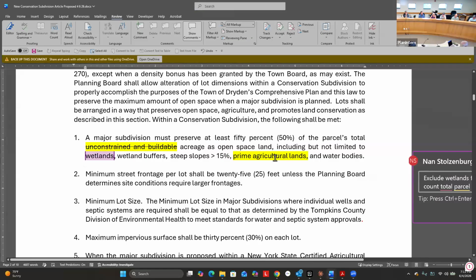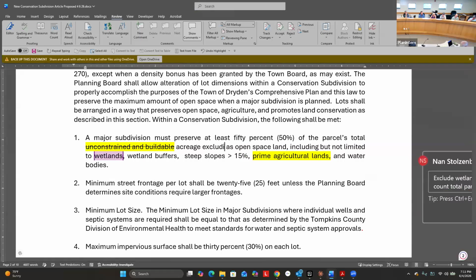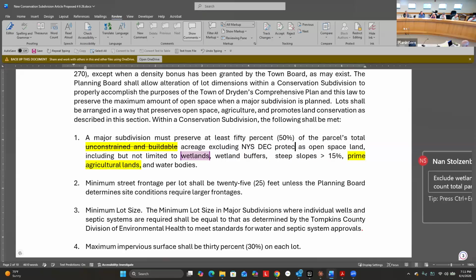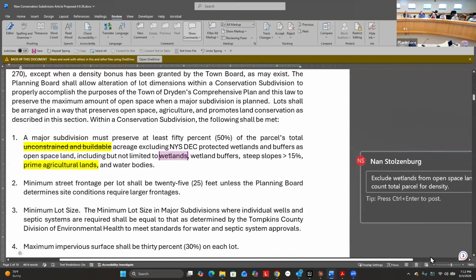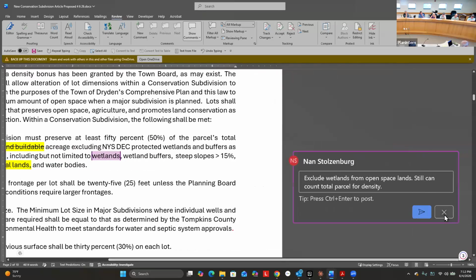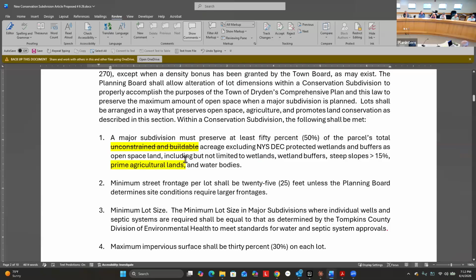What we want to say now is just 50% of the parcel's total acreage, excluding DEC protected wetlands and buffers. So that would address the swamp. It was a big enough swamp. Yeah, yeah.